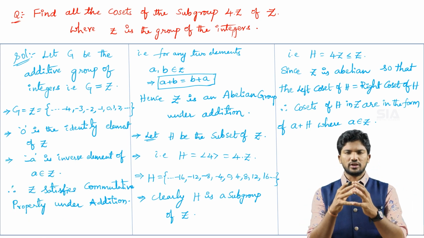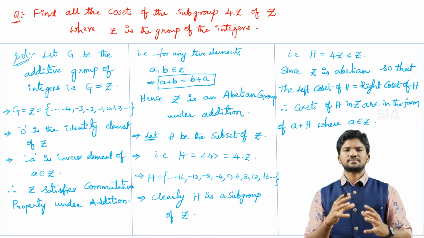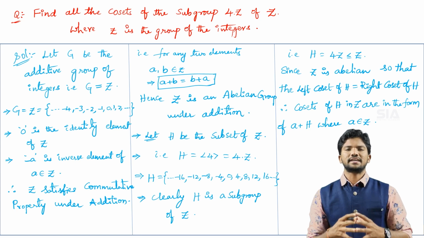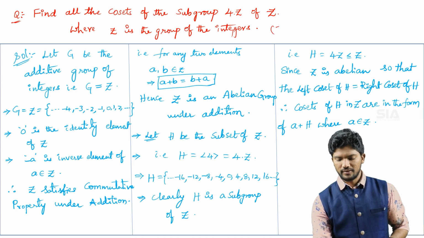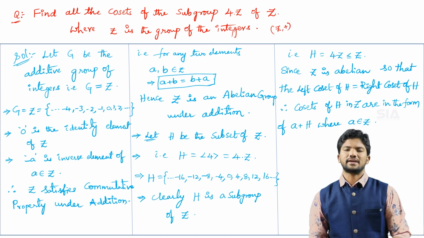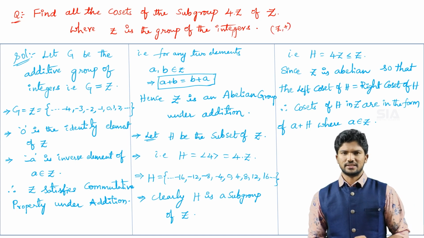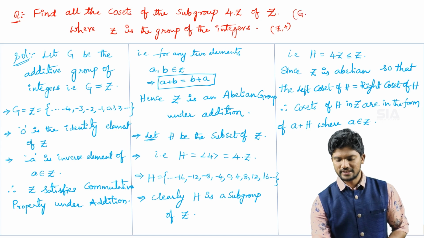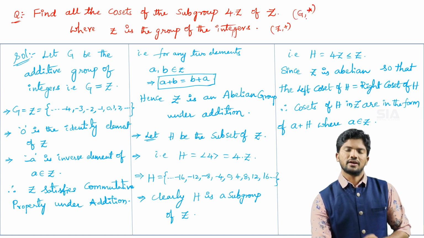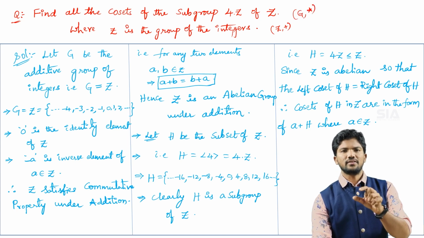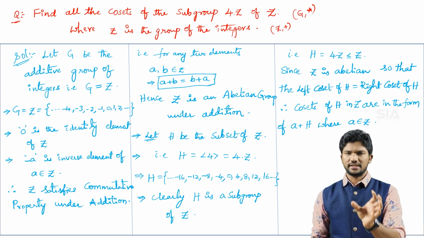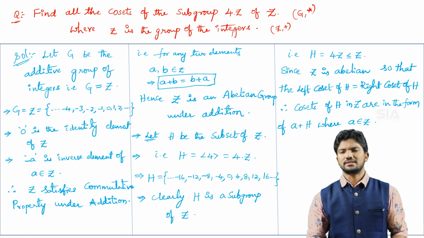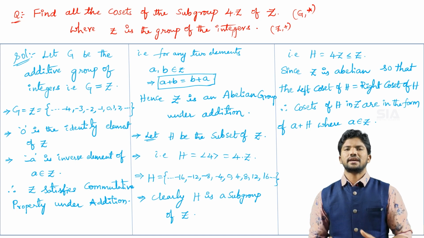You need to remember that the group of integers always satisfies the group conditions under addition. So whenever you take the pair (Z, +), Z is in place of capital G. Basically we can say that (G, *) is a group where capital G is a set of numbers, natural numbers, real numbers, integers, whatever you can take in place of capital G. In place of star, you can take the binary operations, addition, multiplication.